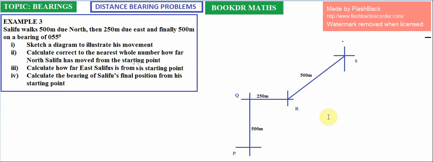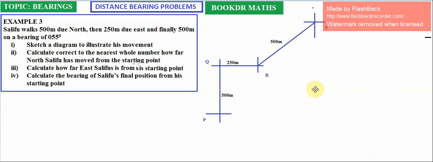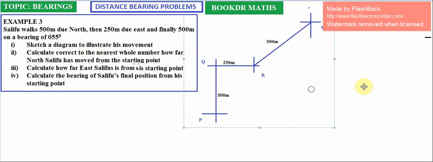Okay. The question is requiring us to do a sketch of his movement, and that is the sketch of the movement that we have done. That's the first one. So the first sub-question has been achieved. We have achieved the objectives for the first sub-question, and we are done with that.